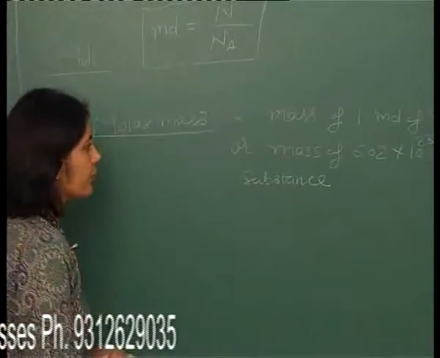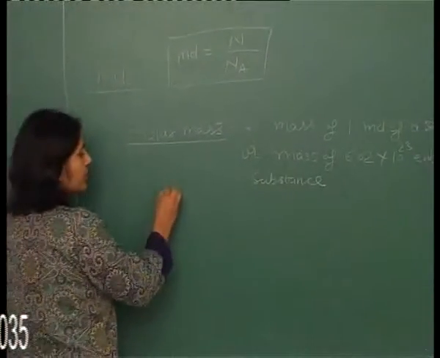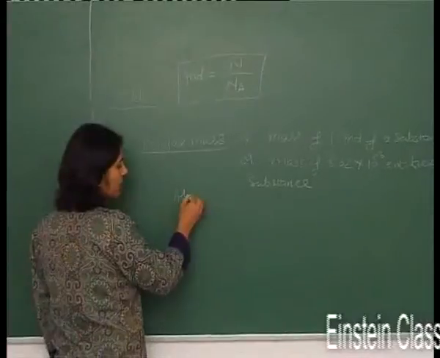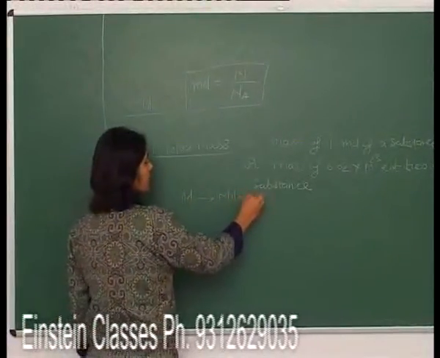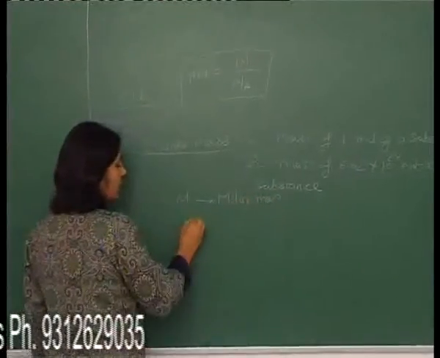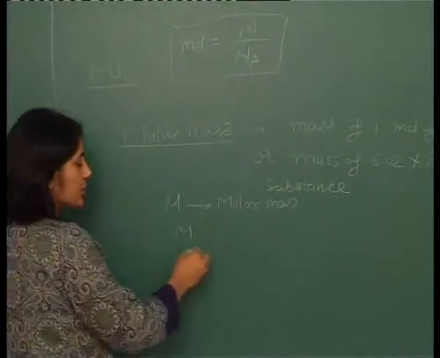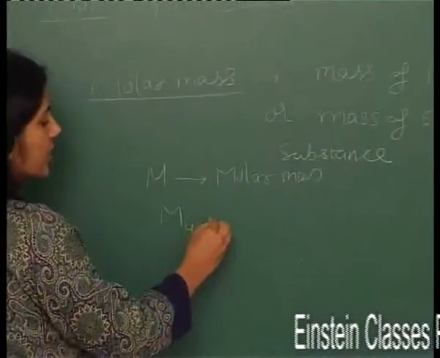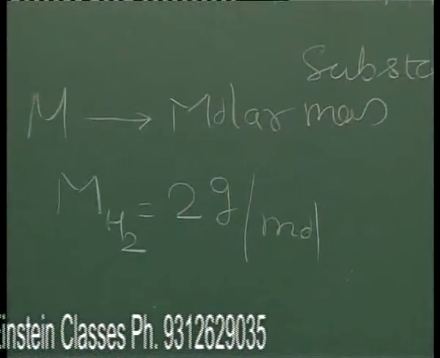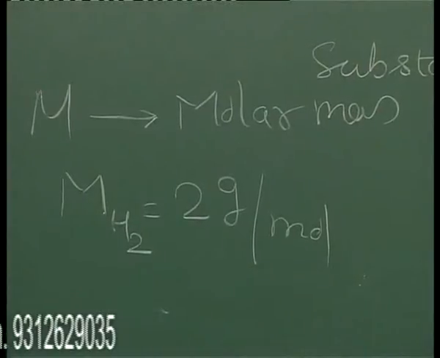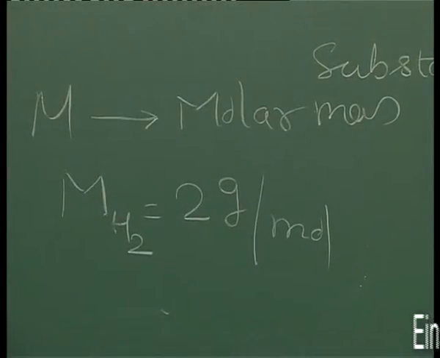So for example, let's suppose I have represented M as the molar mass. If we know that the molar mass of hydrogen is 2 gram per mole, that is, the mass of 1 mole of H2 is 2 gram.